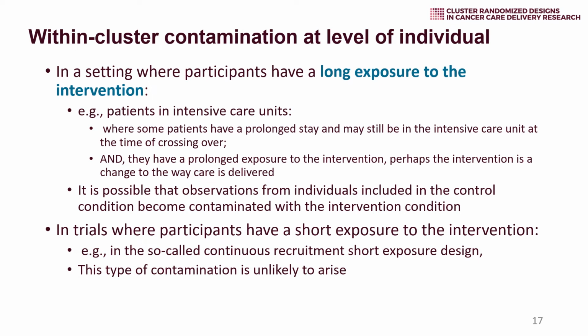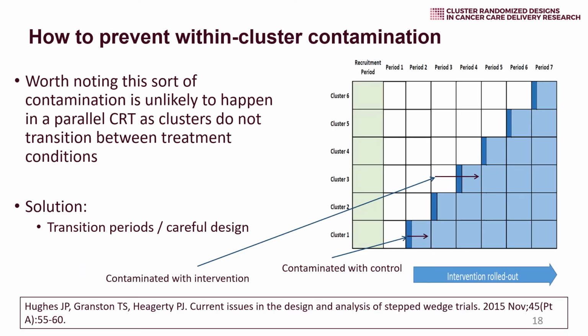Now, in trials where the participants have a short exposure to the intervention, sometimes referred to as continuous recruitment short exposure designs, this type of contamination is unlikely to arise. There are ways to prevent within-cluster contamination, but it's also worth noting that this type of contamination is unlikely to happen in a parallel cluster trial because clusters do not transition between the treatment conditions.